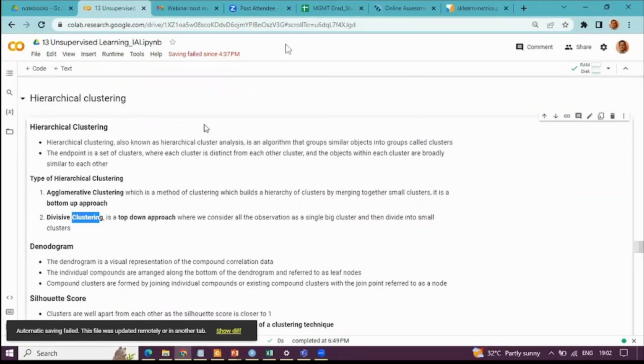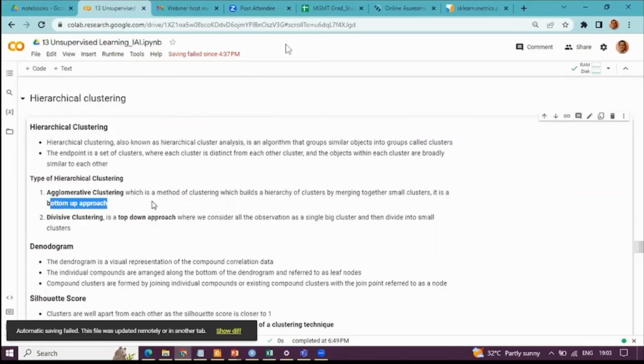It is otherwise called a bottom-up clustering approach. We start with 167 separate clusters and integrate all of them into one single cluster. But we'll talk about what to do if I want 2 clusters, 3 clusters, 5 clusters, 10 clusters, etc. But that is the approach that is built.